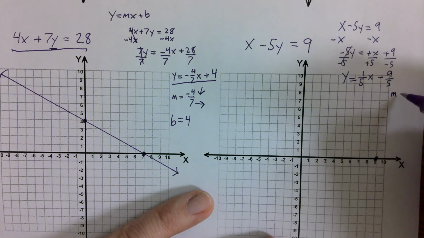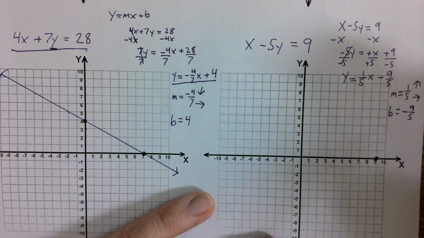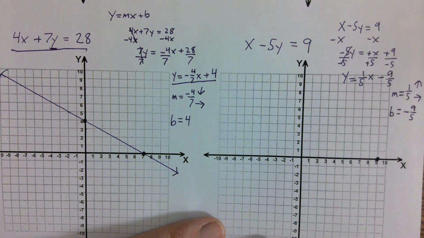So my slope is 1/5, up 1 to the right 5, and my y-intercept, unfortunately, is negative 9/5, which is not a nice number. Okay, it's a decimal. It's negative 1.8.